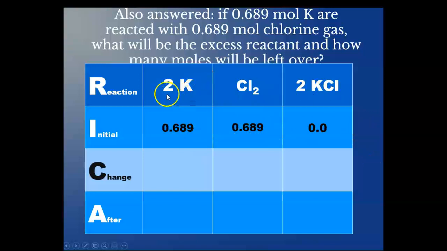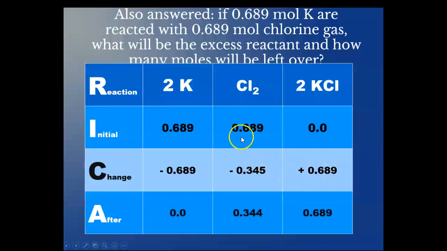This says that 2 moles of potassium require only 1 mole of chlorine, so 0.689 moles of potassium will require only half this much of chlorine, or 0.345. So we'll lose all of the potassium, half of the chlorine, and of course we'll produce, because of the 2, 1, 2 coefficients, 0.689 moles of potassium chloride.